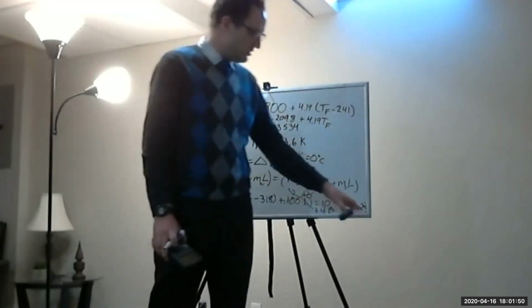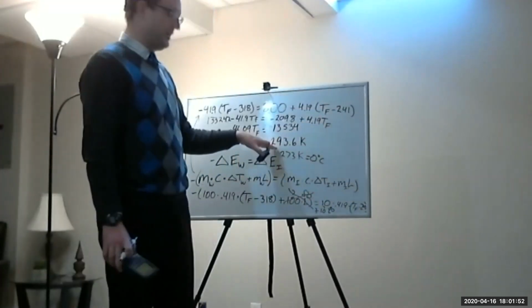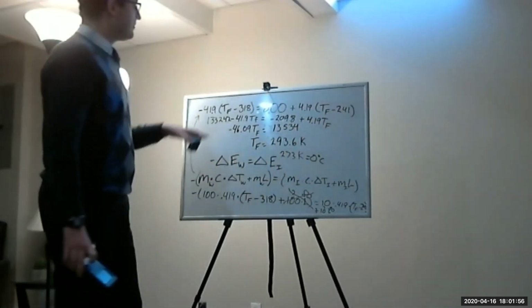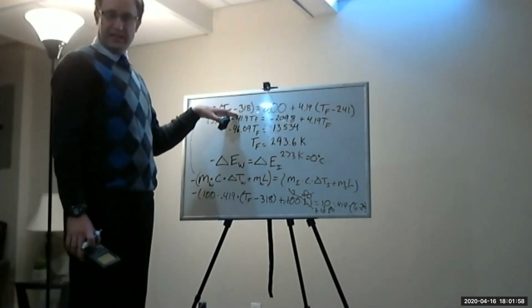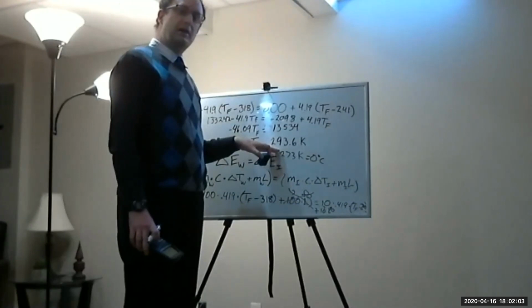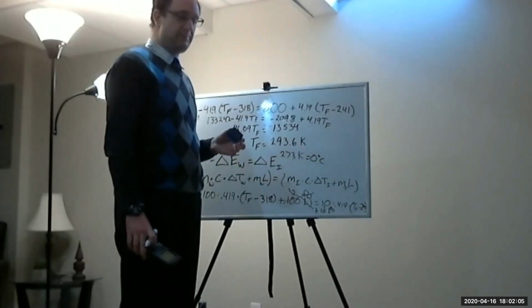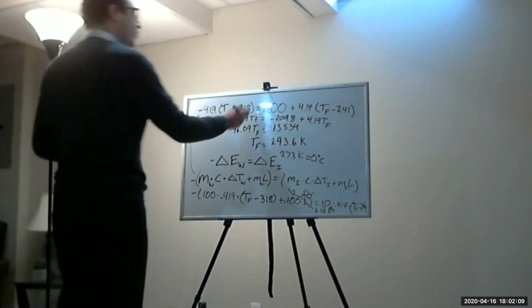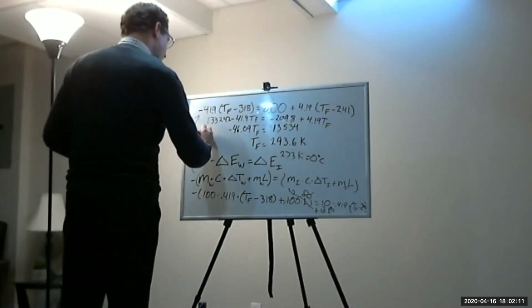It went from 241 all the way up to 293. And my temperature of my water went down a bit as well. It went down from 318 to 293, okay? So a common thing that might be asked would be, well, what was the change of temperature for the water?